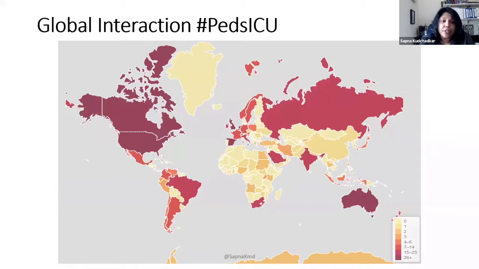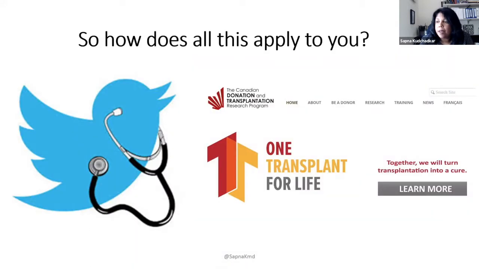And you can see here that the global interaction of our hashtag is substantial. So how does this all apply to you? In the next several slides, I'd like to take this opportunity to share some examples from the transplant world and also from the Peds critical care world to inspire you on how you may want to start your social media journey.